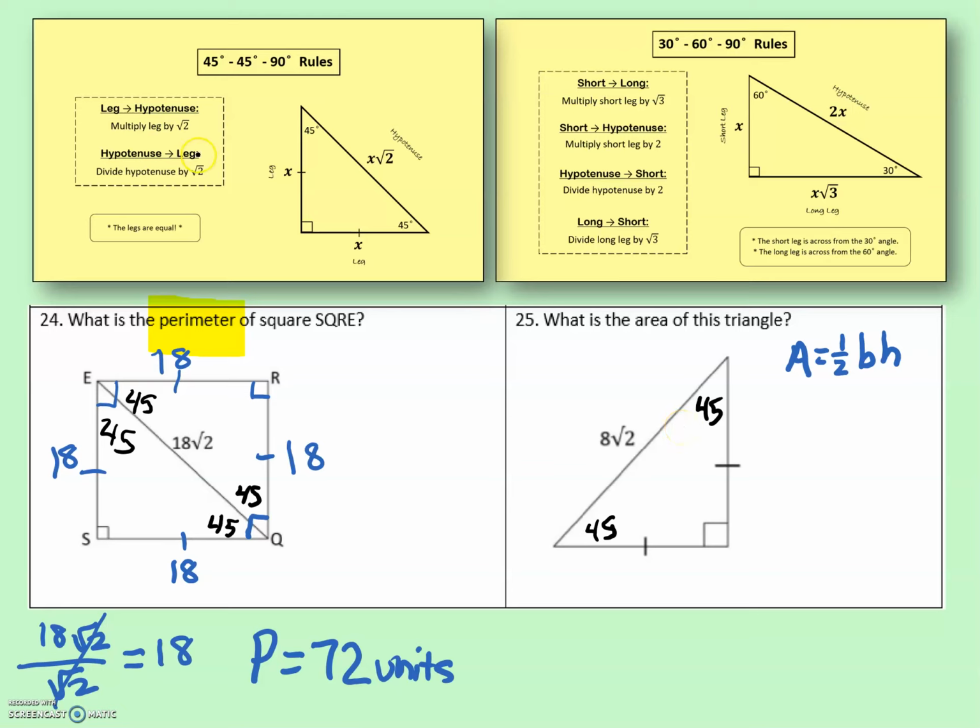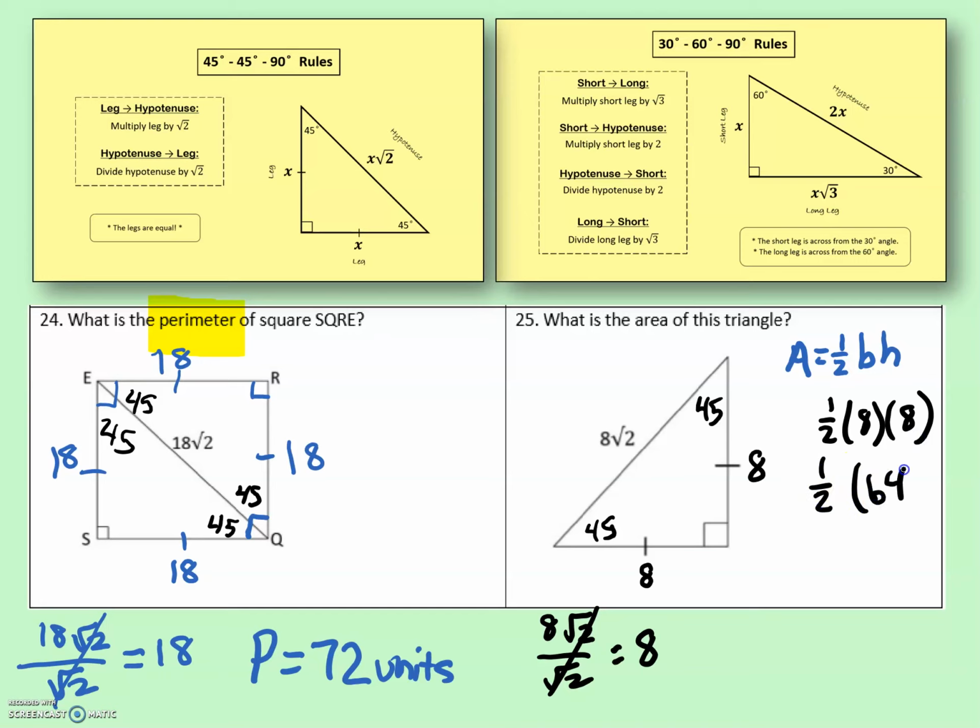To get from hypotenuse to leg, we're dividing by root 2. 8 root 2 divided by root 2 gives me just 8, so each of these is 8. Area is 1/2 base times height. We just found the base, we just found the height. So 1/2 times 8 times 8, 1/2 times 64 is 32 units squared.